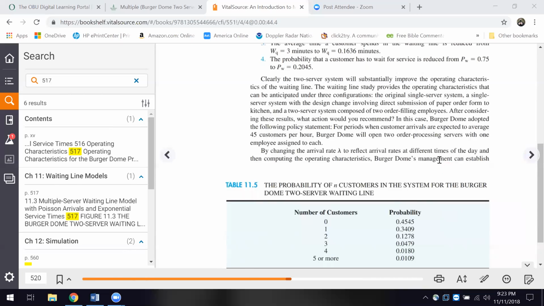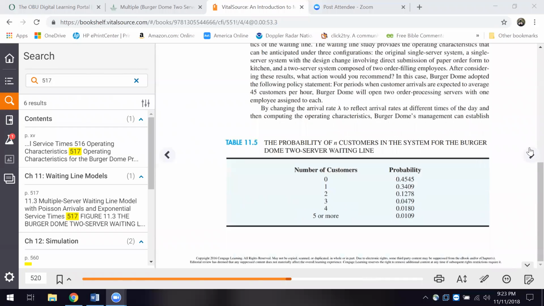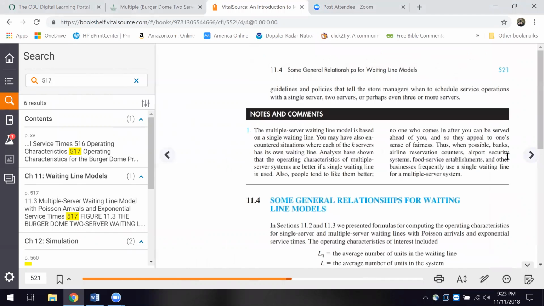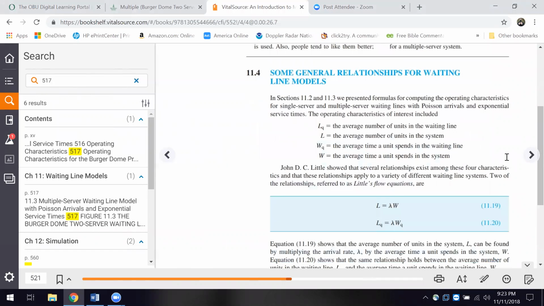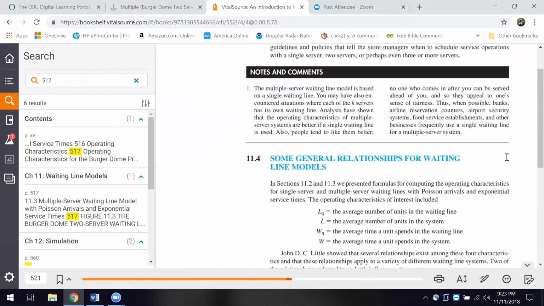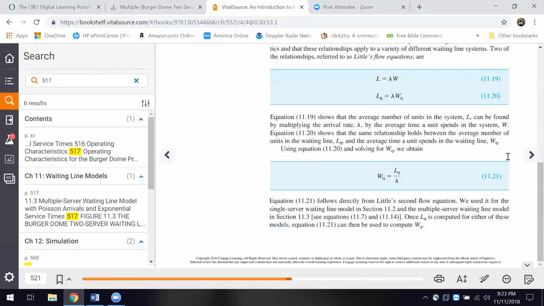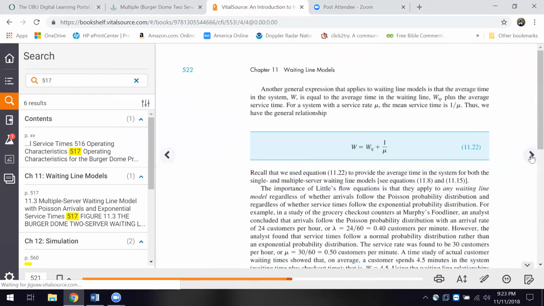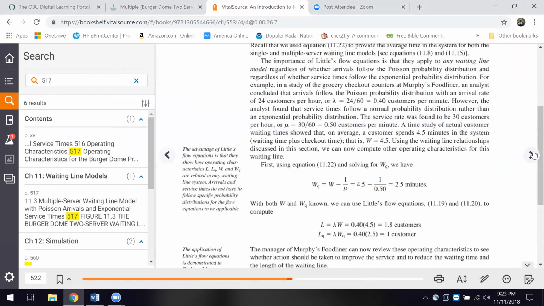Okay. Now the book talks about doing a short little experiment, and at the end of the day, explaining that. And we get some general models. This is from Little. That's one of the reasons I included those extra readings on Little's equations, Little's law.